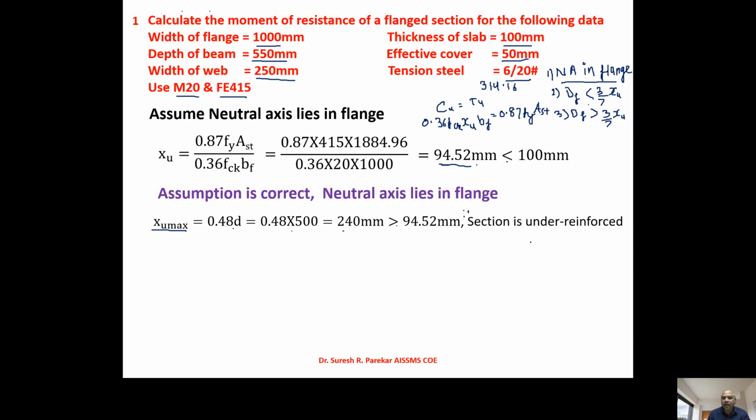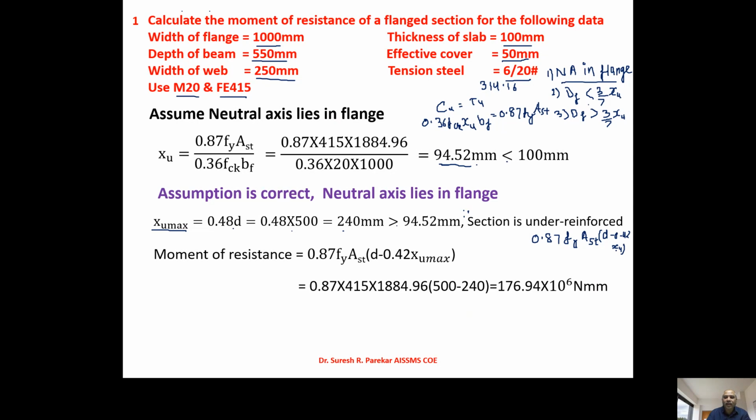And as the section is under reinforced, we have to use 0.87 FY AST, or you can use both ways, the 0.36 also you can use at that time. So if we put it in moment of resistance and substitute the values, we are going to get moment of resistance 176.94, 0.87 FY AST in bracket D.